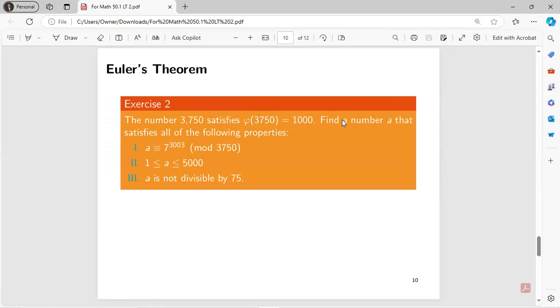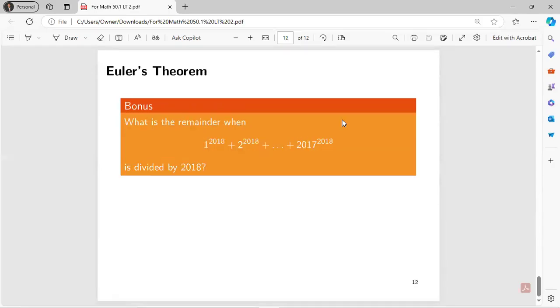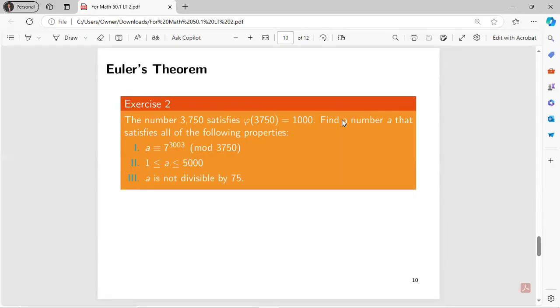Okay. So, these are the last 4 exercises that we will do, because I feel like we are running low on Euler's theorem, and it's such a good theorem to use.